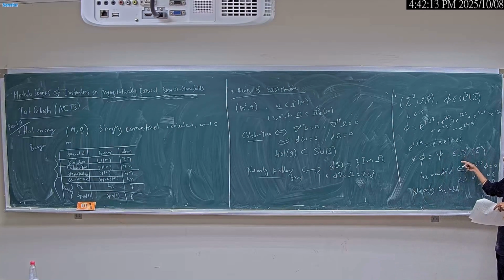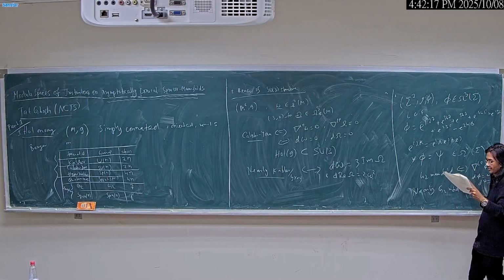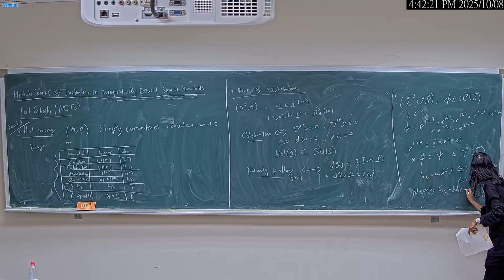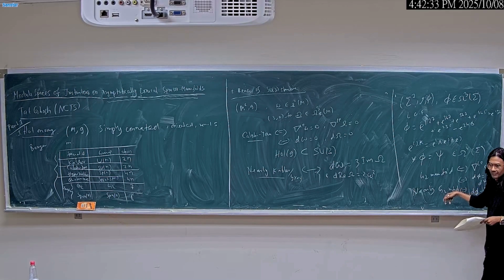And of course that means d phi we shouldn't expect to be 0. In fact, the condition is d phi equals 4 psi. This is just a scaling, don't worry about that. So that's nearly G2 manifold.